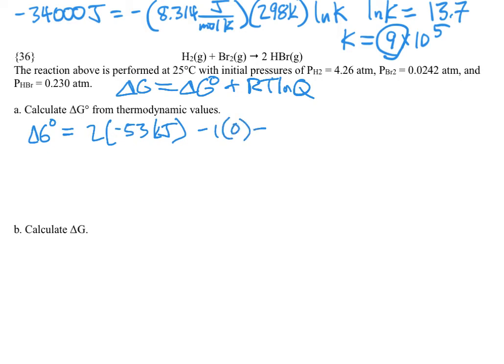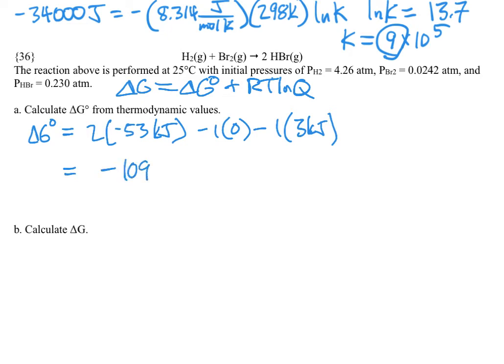And then Br2, its standard state, is actually a liquid, so as a gas it's going to have a non-zero delta G. Specifically, it has a delta G of 3 kilojoules, so I'm going to subtract 1 times 3 kilojoules, again based on the balancing. We put all of this together and get a delta G0 of negative 109 kilojoules.